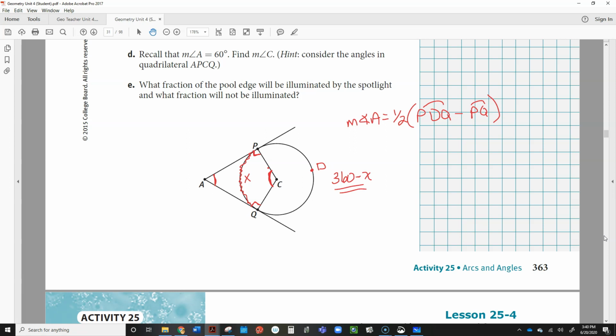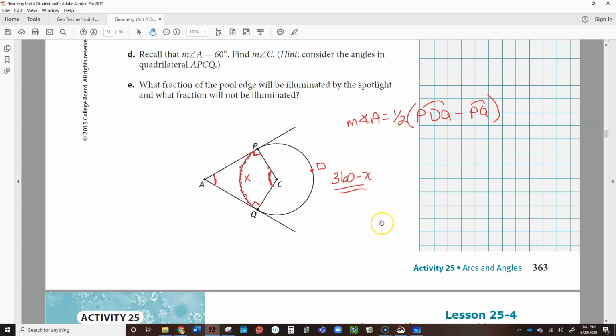That's what makes these problems so difficult to work, because oftentimes they only give us one number in this entire picture, and with that one number, we really can find the measure of all the other things. You just have to understand these relationships. So if this minor arc right here is called X, then this major arc will have to be 360 minus X. And if all we had was a measure for this angle right here, then we could find all of these arc measures.